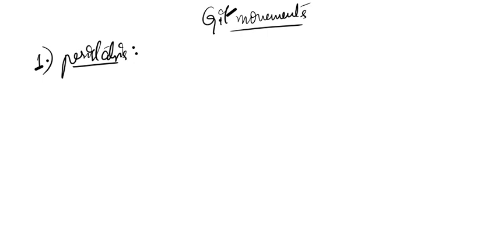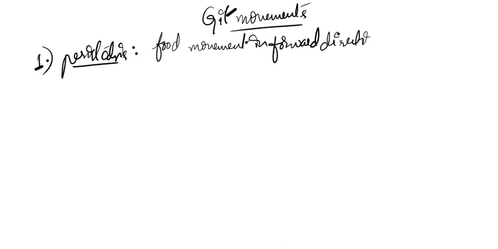Peristalsis is the movement which is produced by the GIT tract due to changes in the potentials in the nervous system which supplies the GIT, which leads to food movement in the forward direction. You can ask me a question, sir, is there a backward direction of food movement? Yes, there is a reverse movement of the food in a backward direction.